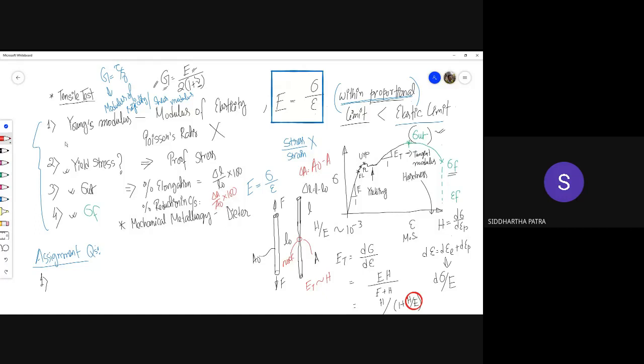So these are the main properties, and these are the two additional properties that we are going to collect. I hope you understand your first assignment question, which is, why does the material fail at a stress smaller than the ultimate stress?